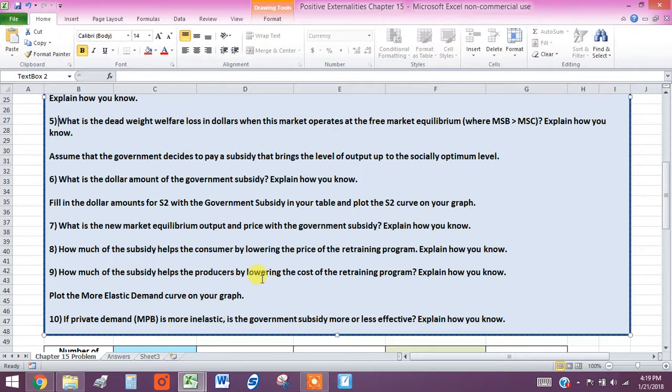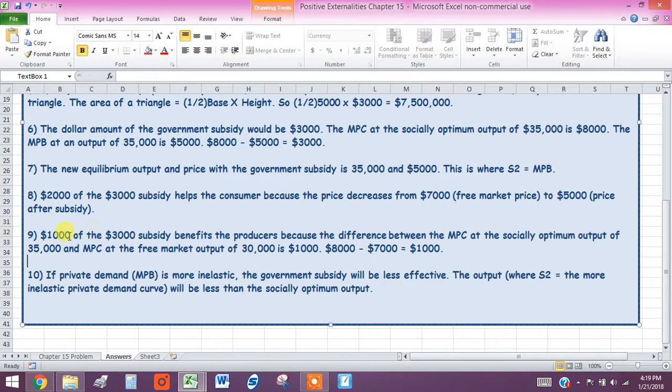But that's just part of it, and I want you to also understand that yes, $1,000 of the subsidy benefits the producers, because the difference between the marginal private cost at the socially optimum output of 35,000 and the marginal private cost at the free market output is $1,000. So that's what you really look at, the difference between the marginal private cost at the socially optimum output compared to the marginal private cost at the market output.